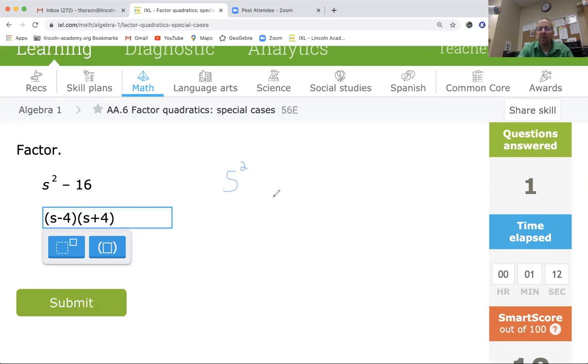S times the positive 4 is a plus 4s. And then the negative 4 times the s is a negative 4s. And what happens to those two middle terms? They just cancel. They go away. That's why there's no middle term when it's the difference of two squares. And then the negative 4 times the positive 4 is the minus 16. And that's all we're doing is factoring backwards. Good?